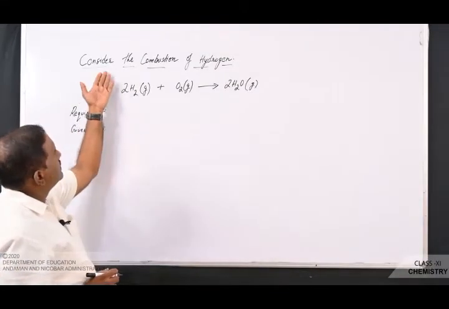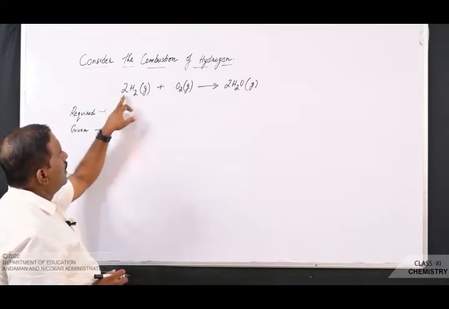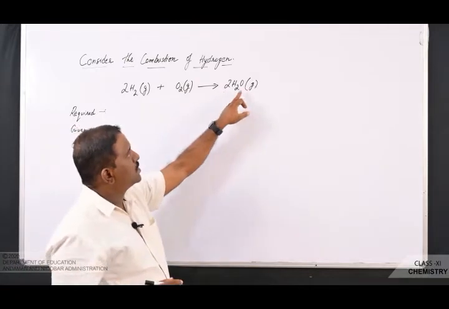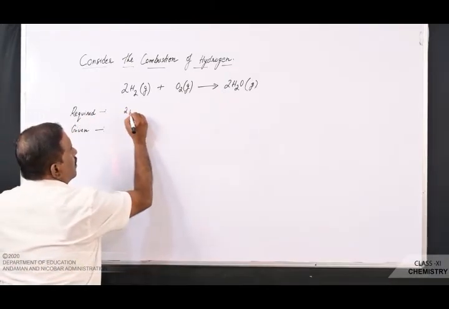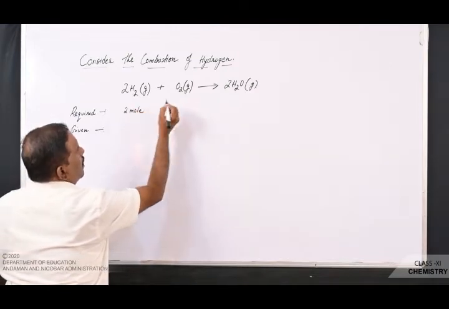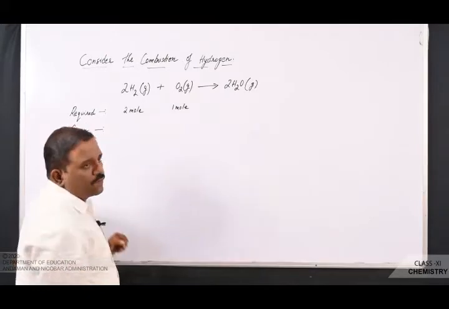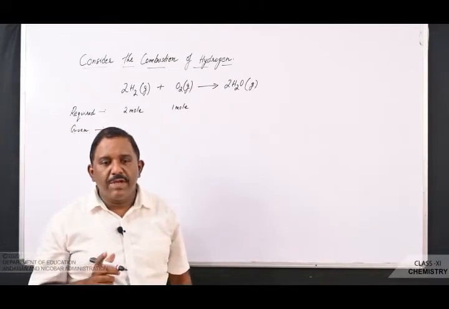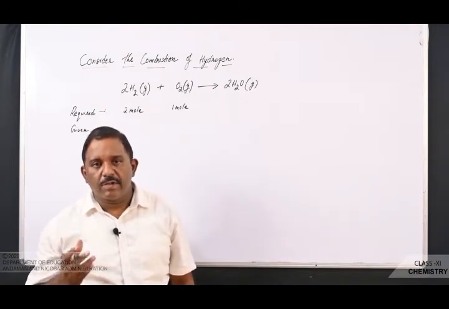So consider the combustion of hydrogen, in which you can see twice of H2 reacts with O2 to give twice of H2O. So required is 2 moles and 1 mole for the formation of twice of H2O. Now suppose you have been given 2 moles of H2 and 2 moles of O2 for the reaction.